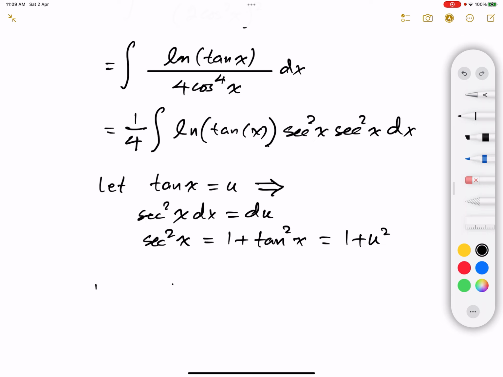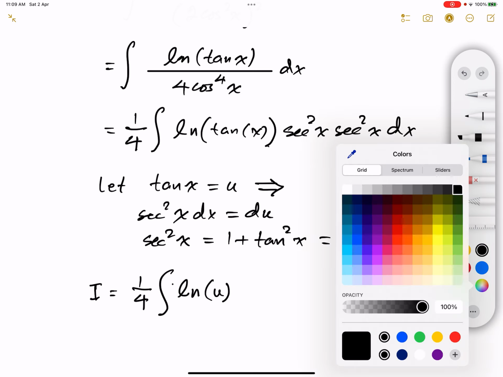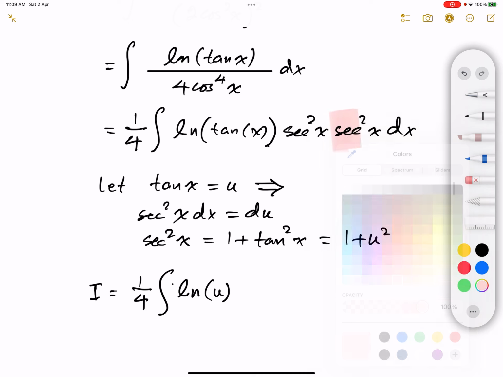Okay, so the integral now becomes 1 over 4, the integral of the natural logarithm of u, and of course secant squared. Let me use some colors here. The secant squared dx is basically the du part.